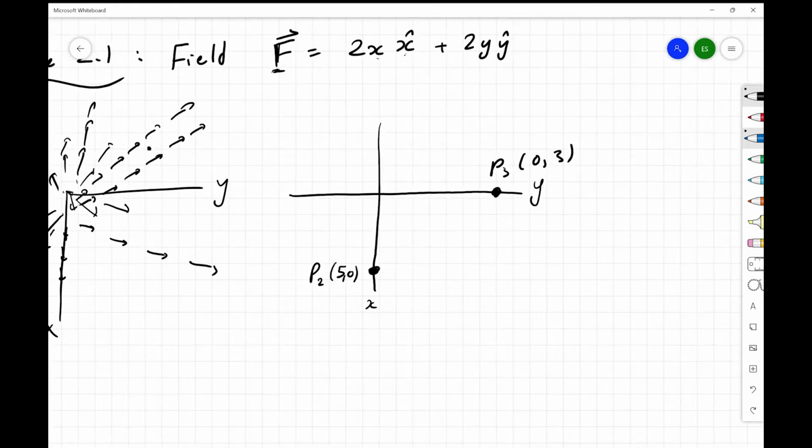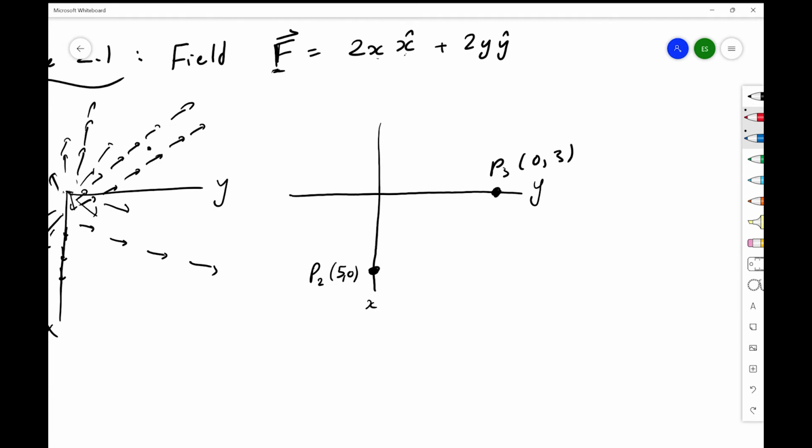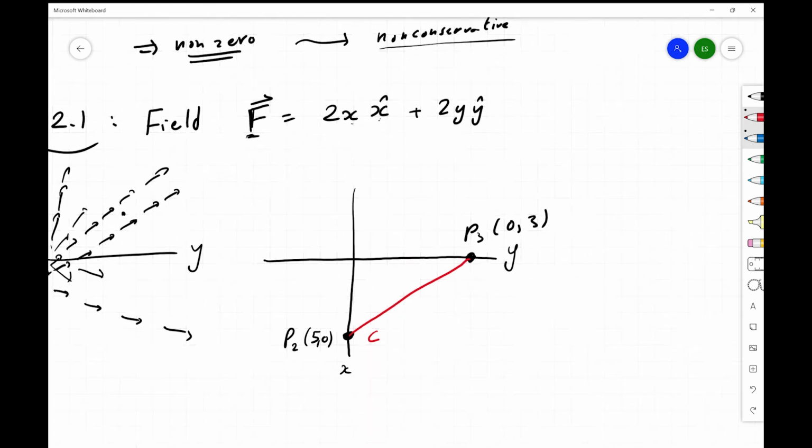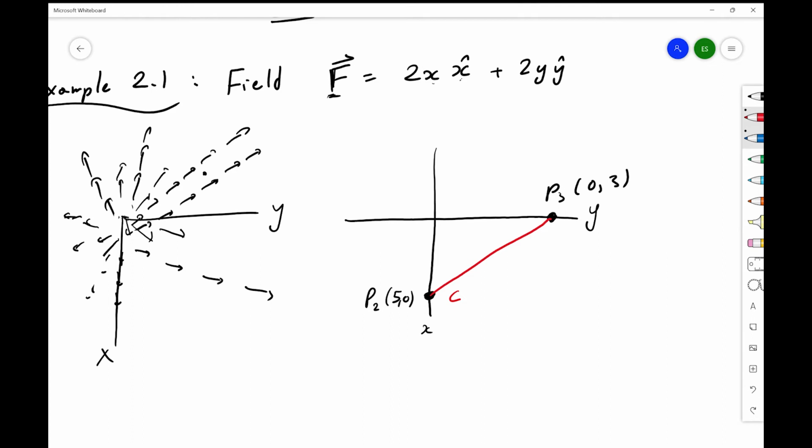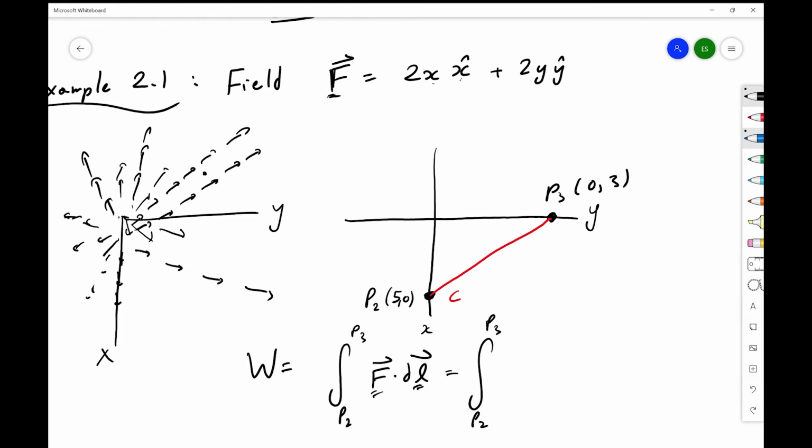Okay, so this is our path, this is our curve. We want to find the work going from P2 to P3. So the work is the line integral from P2 to P3 of F dot dl.